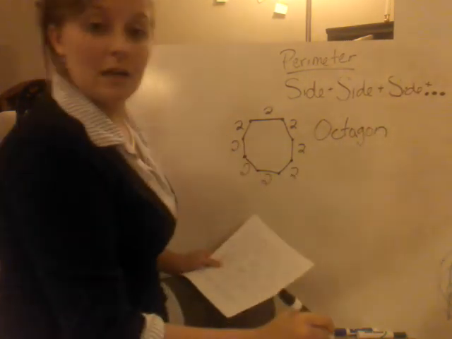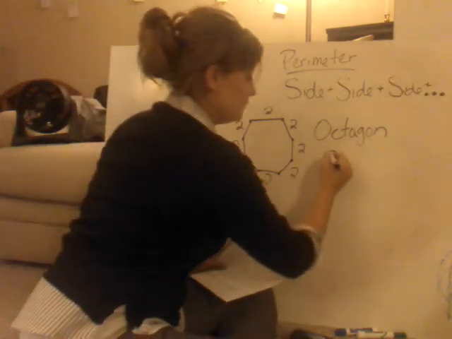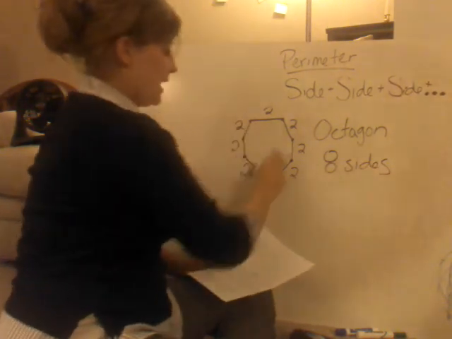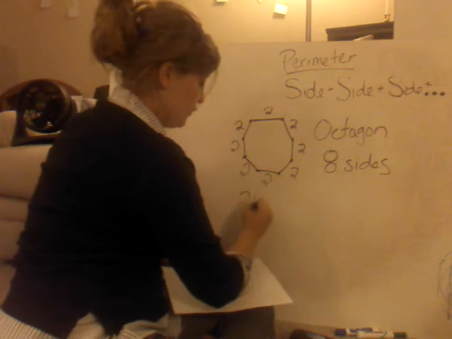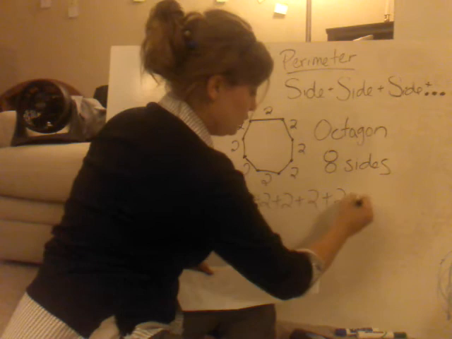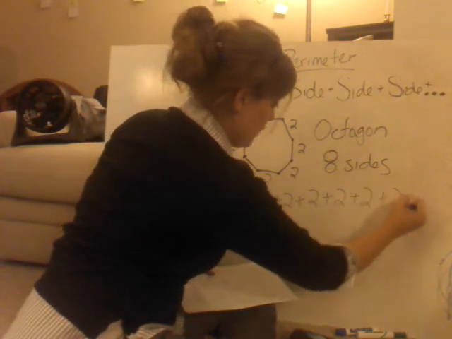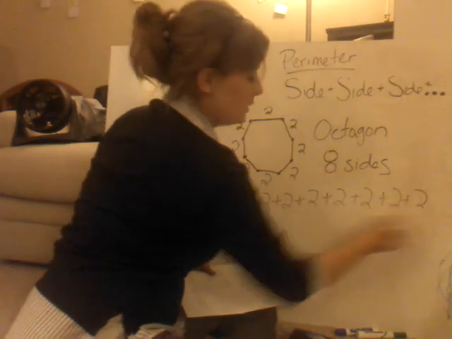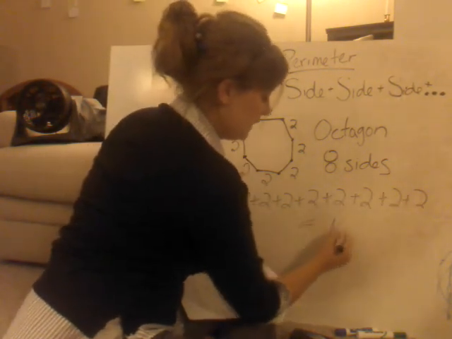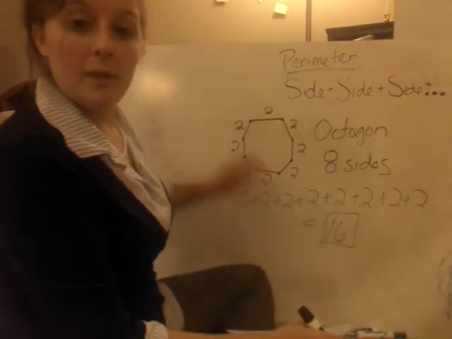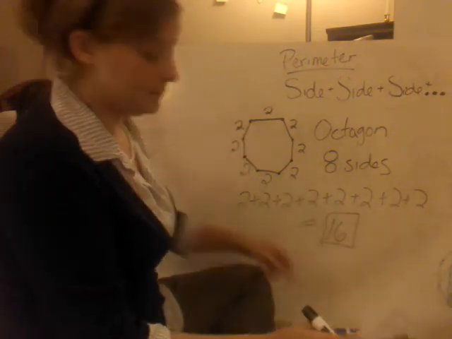An octagon means it has 8 sides. So I add up all of my sides. So I have 2 plus 2 plus 2 plus 2 plus 2 plus 2 plus 2 plus 2. So 1, 2, 3, 4, 5, 6, 7, 8. And I get 16. So the perimeter of my octagon is 16.